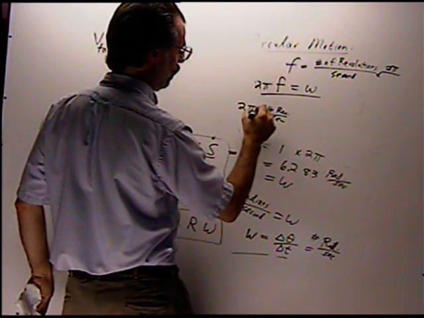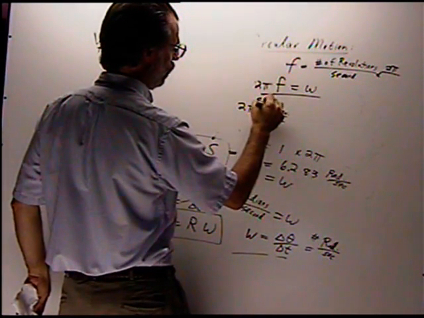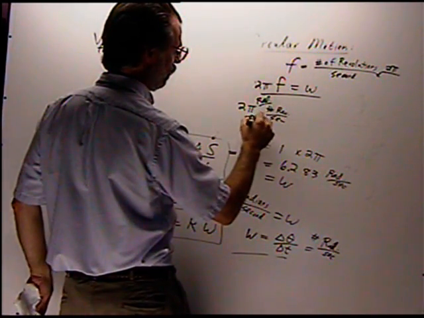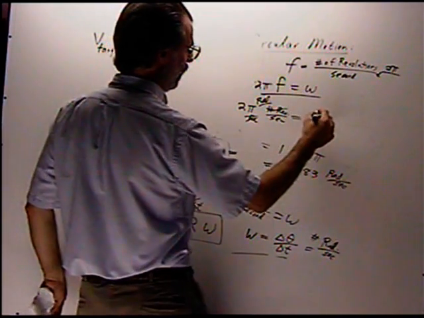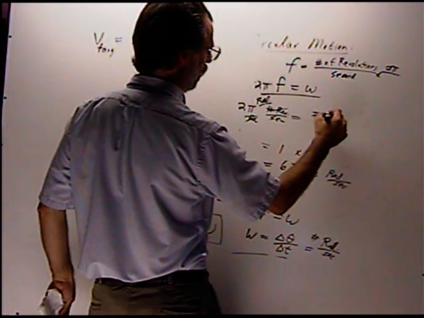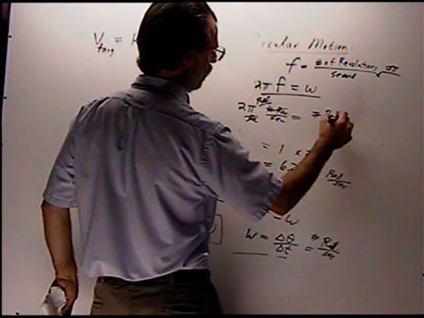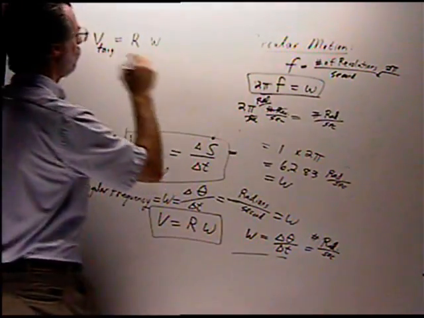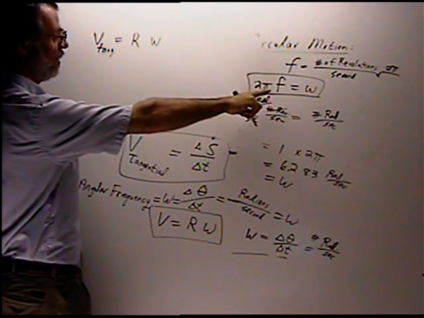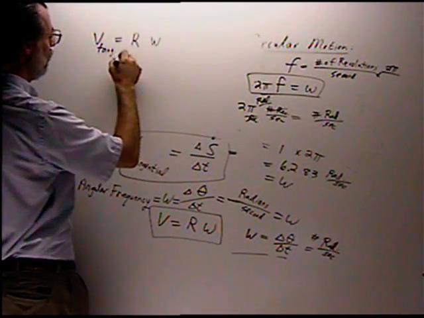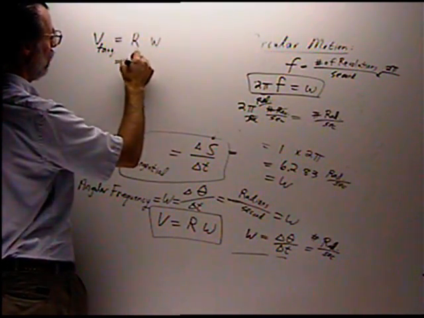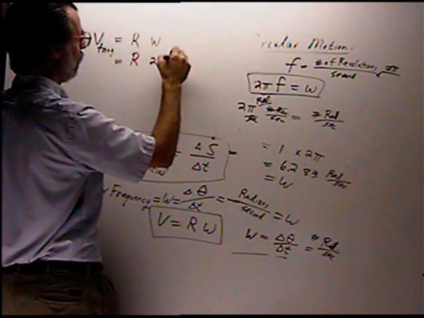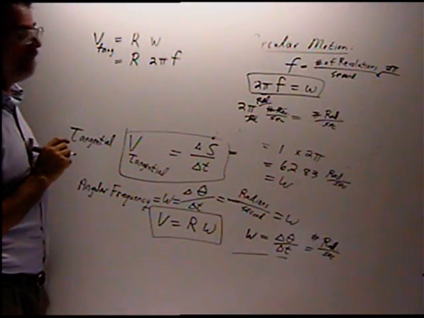There's 2 pi radians per revolution. The revolutions cancel out, and this gives you the number of radians per second. So 2 pi F equals omega. So we can actually come in here and say omega, this is the same thing as R times 2 pi F. We could say that.